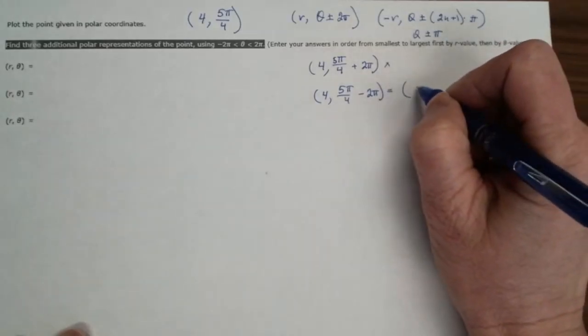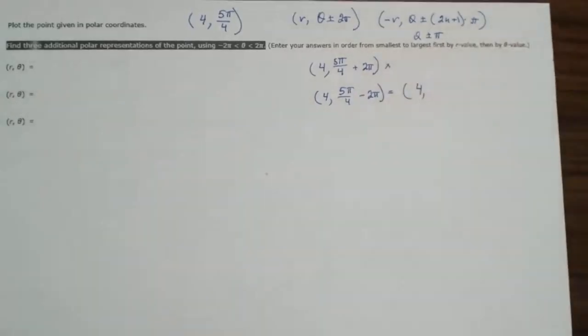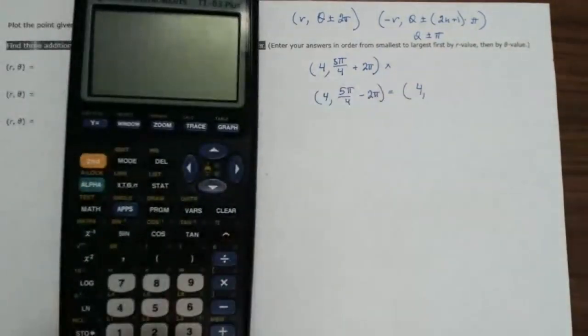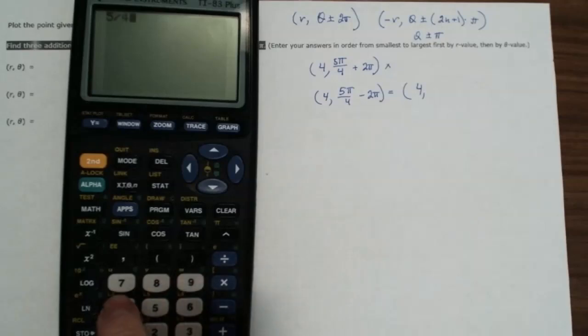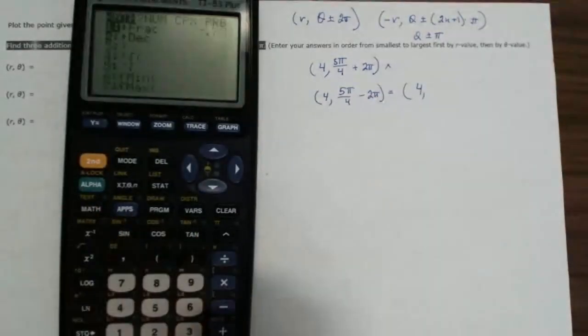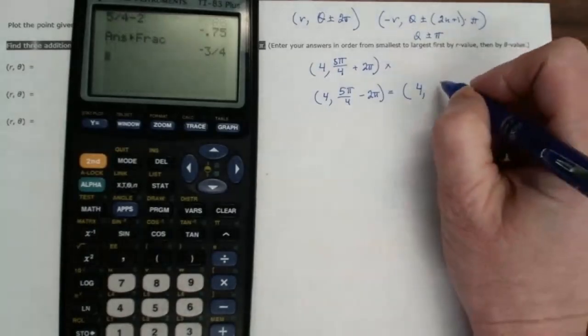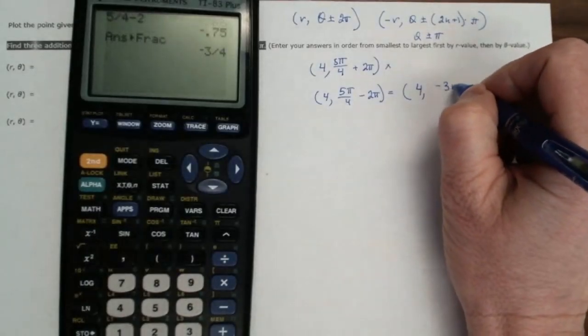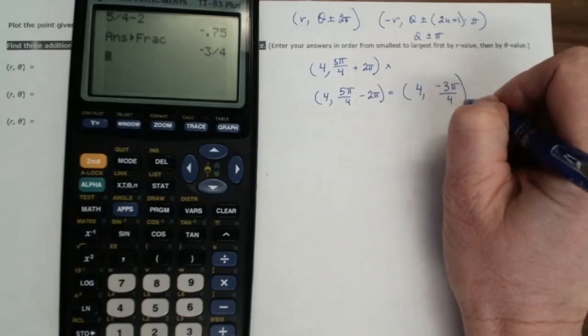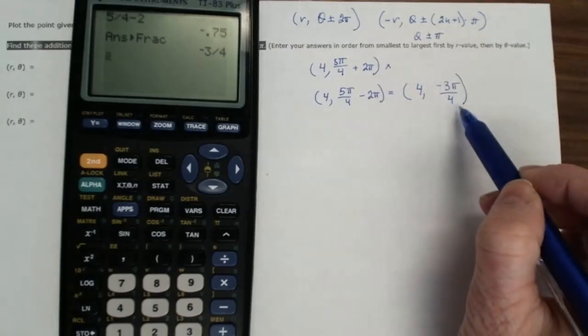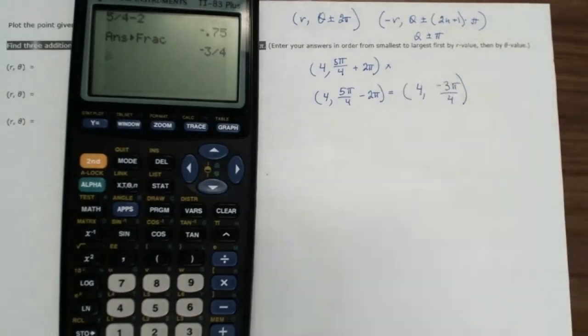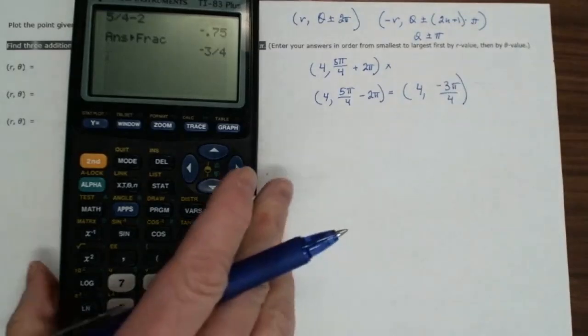We will simplify, it will be 4. Again, it's much easier and time saving to use your calculator: 5 over 4 minus 2, Math, enter, enter. It will be negative 3π/4. And negative 3π/4 is between negative 2π and 2π.